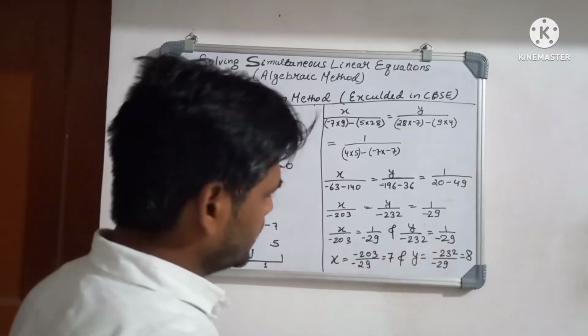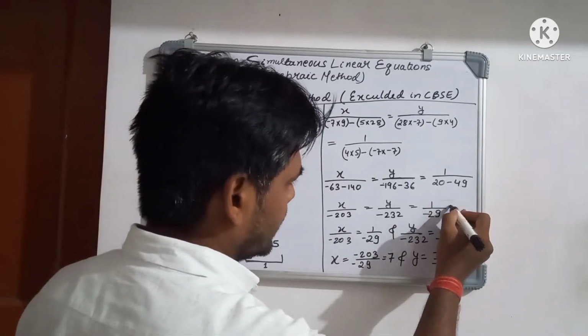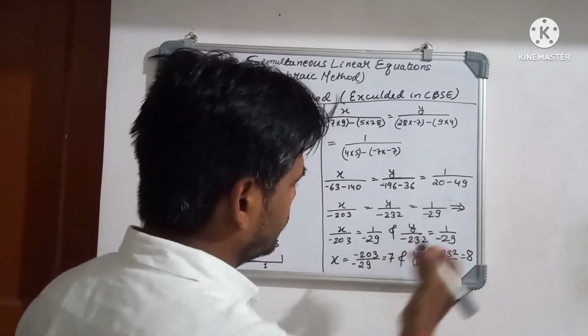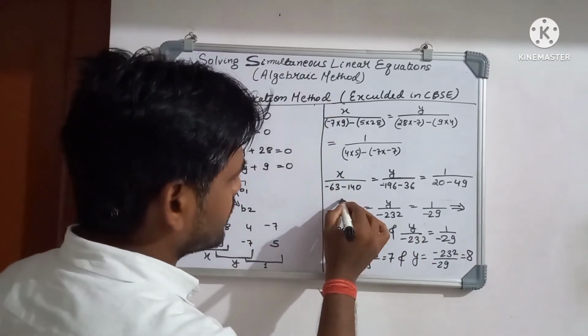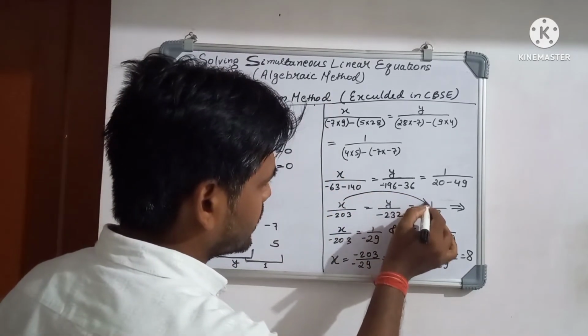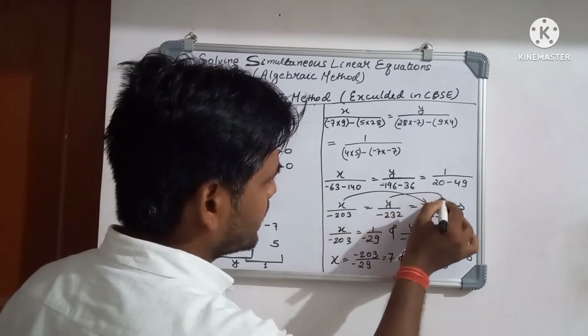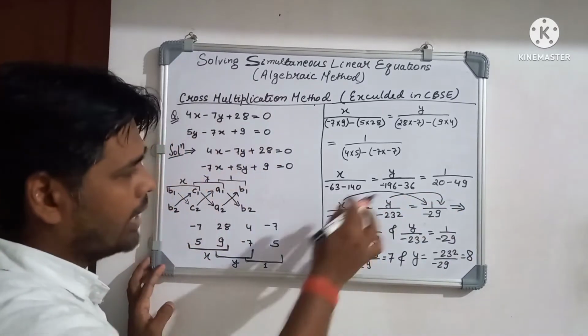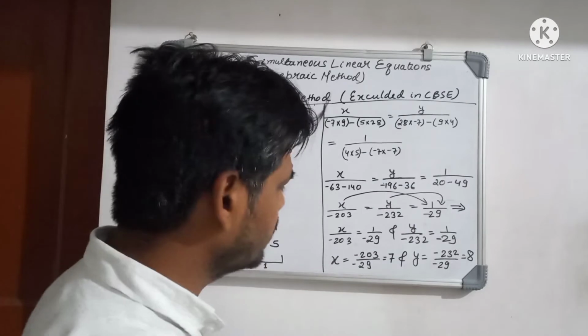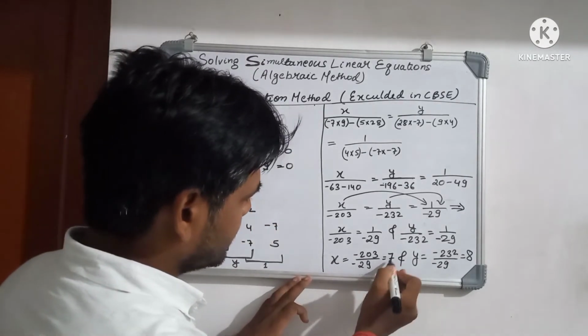From this equation, we can equate these expressions. x will be equated to this, and once again y will be equated to the same expression, and on equating we would easily obtain the value of x.